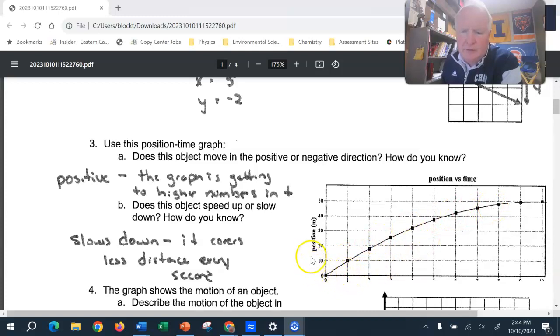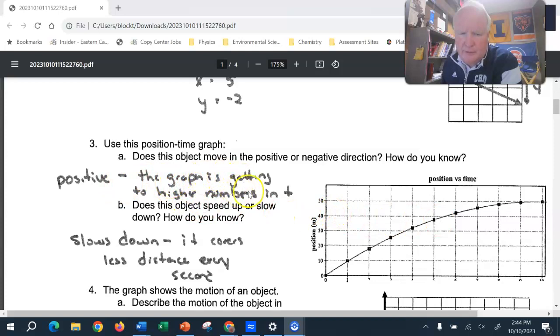And then they're asking us, is it getting faster, is it getting slower, or is it moving the same? When we have a curve like this, it starts out covering a whole bunch of distance very quickly, and then it starts covering less distance every second. And so this must be slowing down.